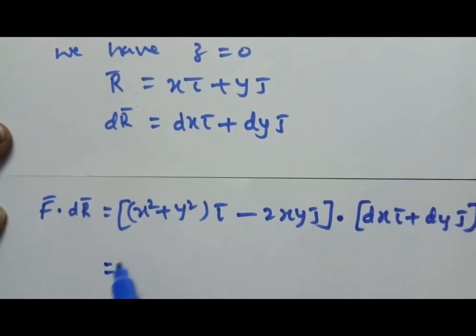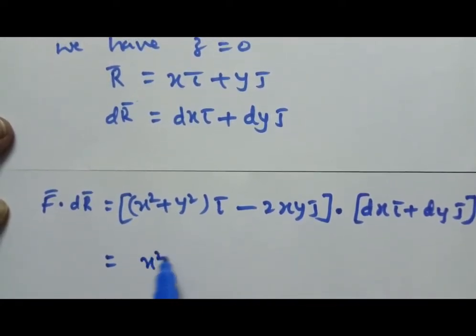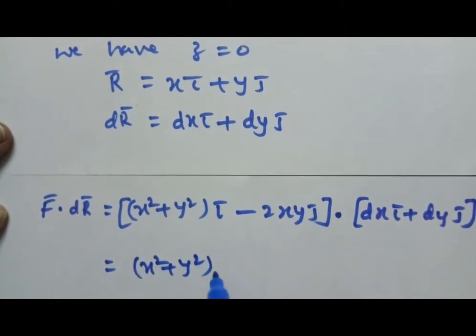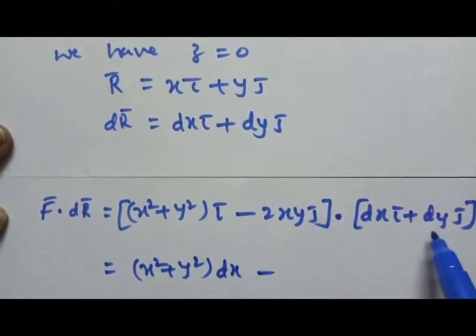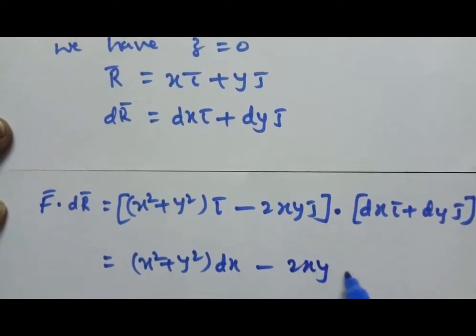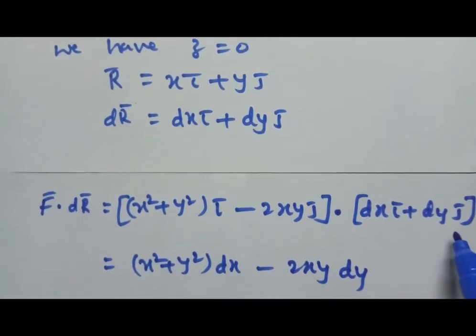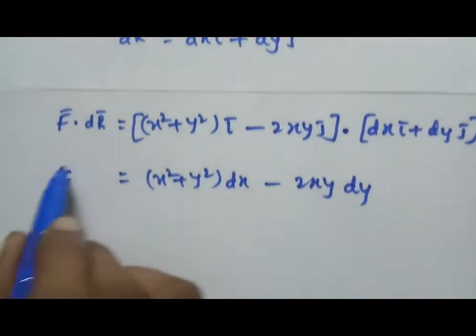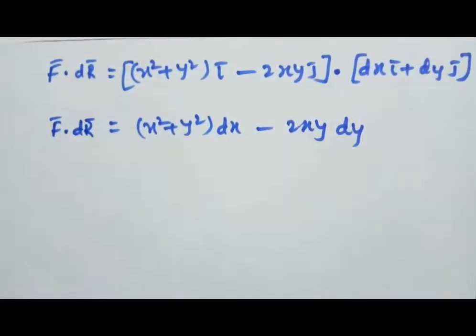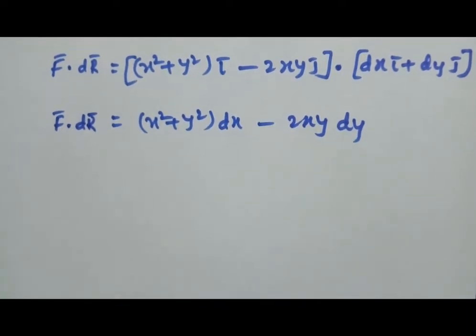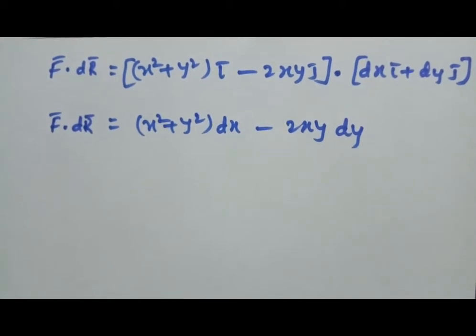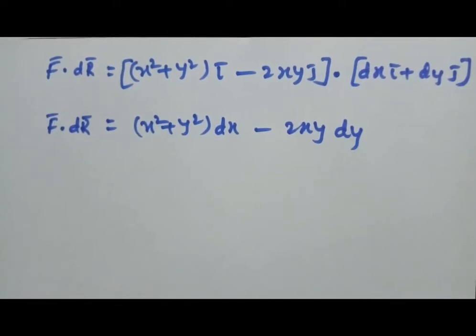Since i bar dot i bar is 1, x square plus y square into dx minus, since j bar dot j bar equal to 1, 2xy into dy. i bar dot j bar is 0, j bar dot i bar is 0. Therefore, this is F bar dot dr bar. Here, C is the rectangle bounded by the lines x is equal to plus or minus a, y equal to 0, y is equal to b.